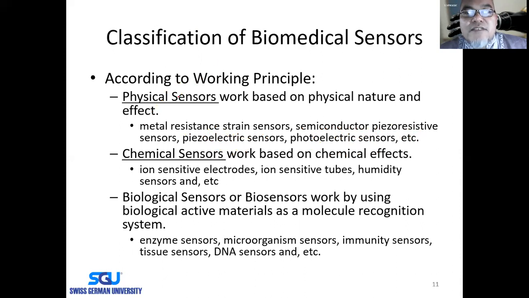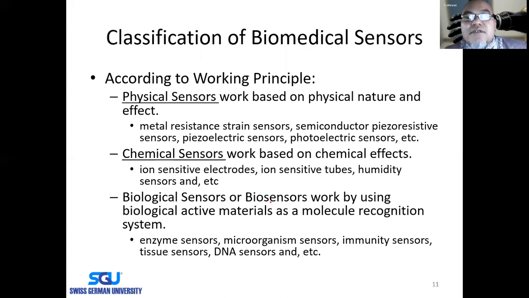Biomedical sensors can also be classified as chemical sensors that work based on chemical effects, like ion selective electrodes, ion sensitive tubes, humidity sensors, etc. So this converts chemical change in the body into electronic change by the sensor.